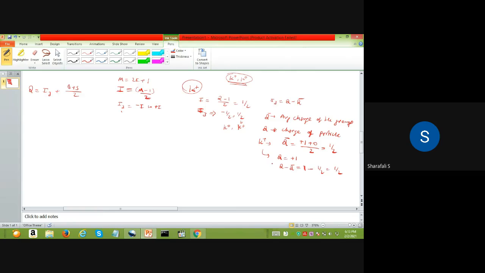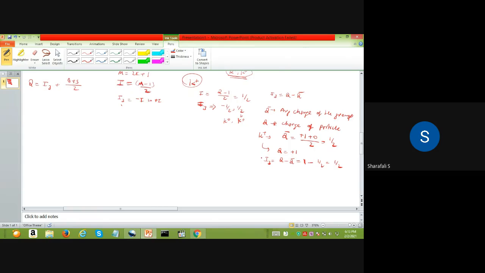So this is the I3 value for K plus. And for K0, Q is 0, so Q minus Q bar is 0 minus 1 by 2, which gives minus 1 by 2. This is the I3 value for K0. So this is how you can calculate I3; it is a much easier way if you know the average charge and the charge of the particle.